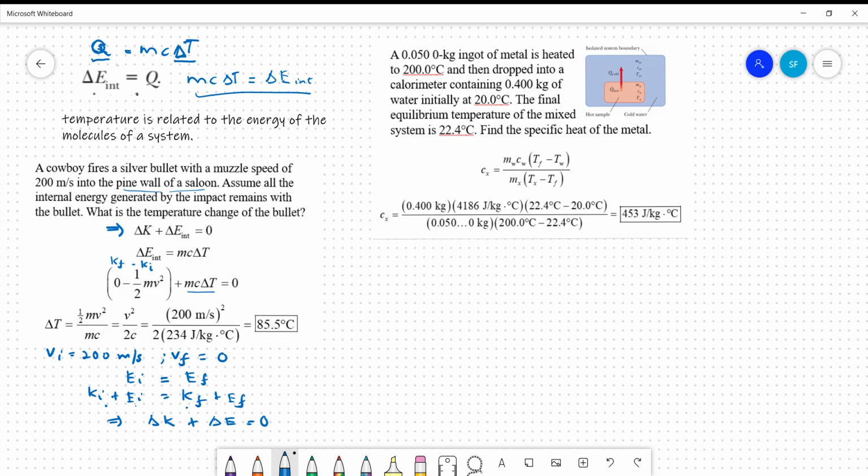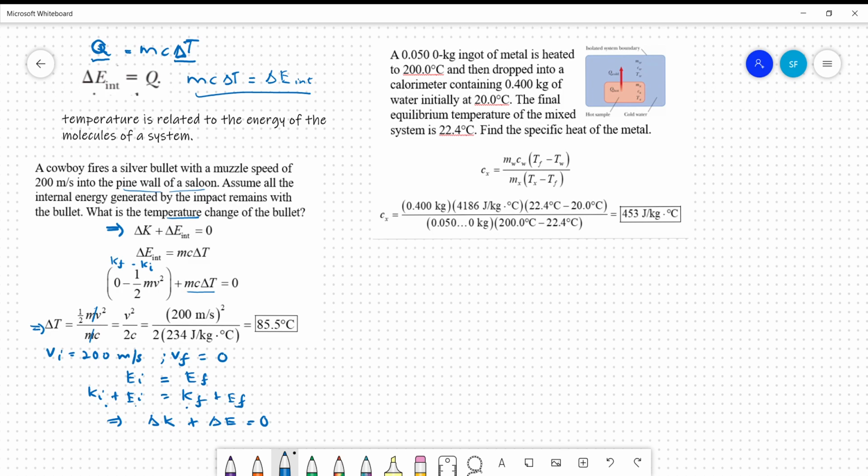Substituting, delta K plus mc delta T equals 0. We rearrange the equation since we want to find the temperature change, making delta T the subject. So delta T equals half mv squared over mc. The m can be cancelled, which is why we don't need to know the mass of the bullet. So we have v squared over 2c.